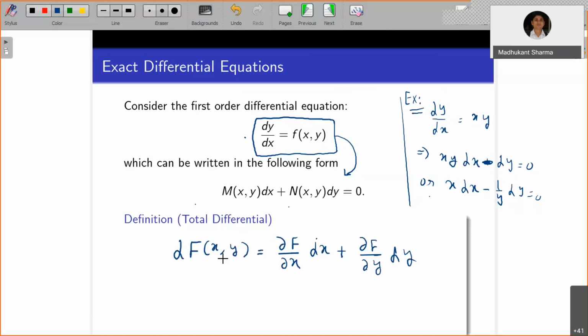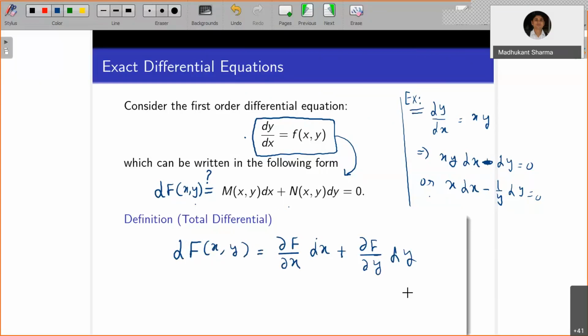Now suppose the right hand side is the total differential dF of some function F of x comma y. Then it is easy to solve, if you are able to find such a function F such that dF equals this, by hook or crook.